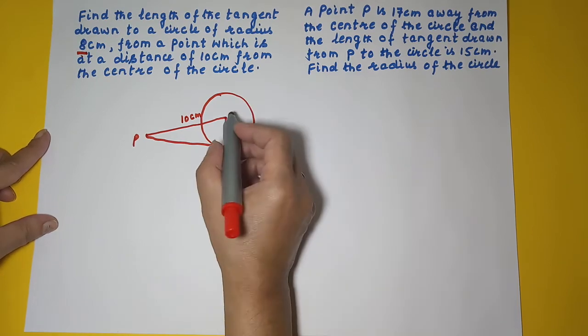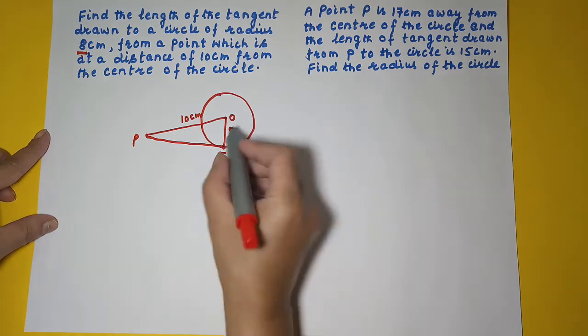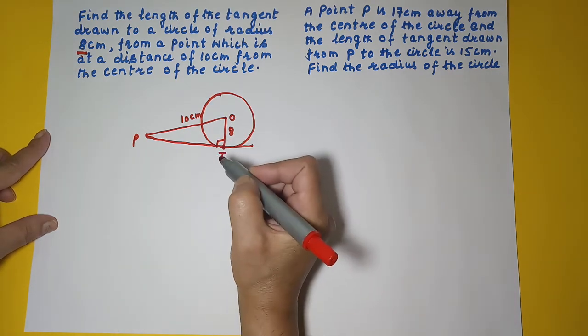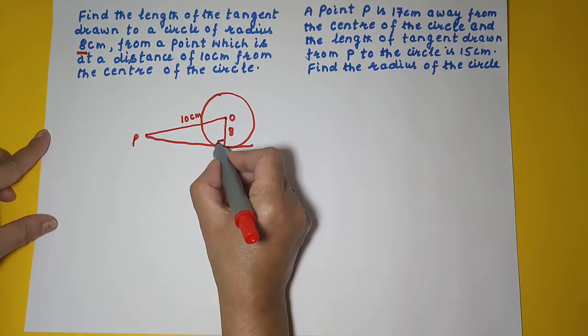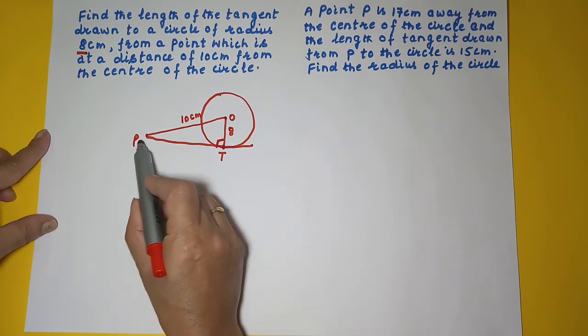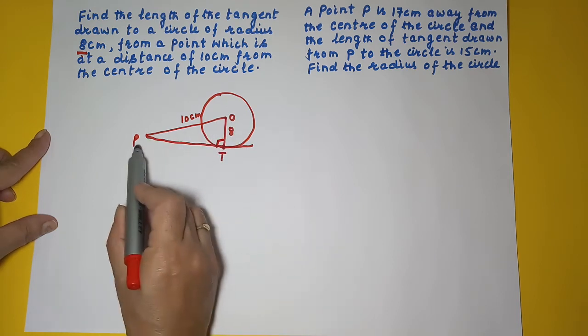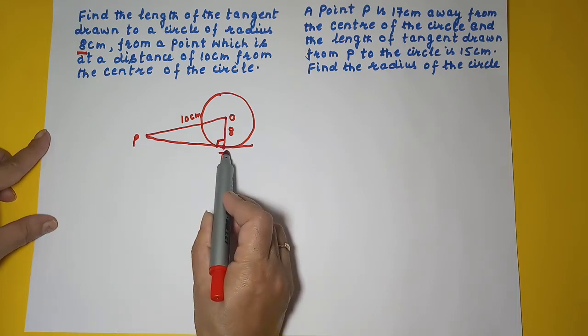Now, we know that the line joining the center and the point of contact is a perpendicular line, right? So this is 90 degree here. So now we have a right angle triangle POT. In this right angle triangle, we can use the Pythagoras theorem and find the distance PT, right?